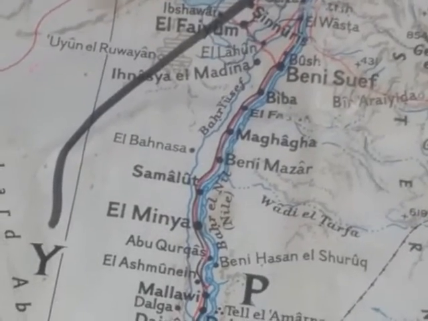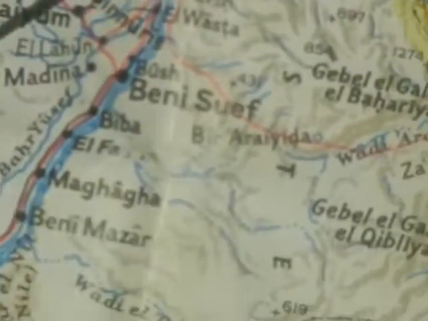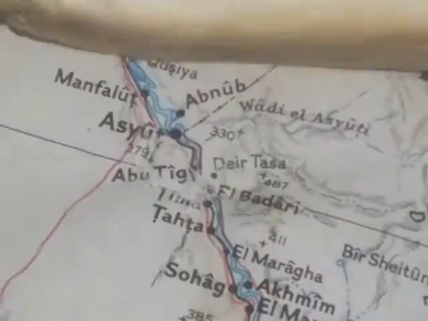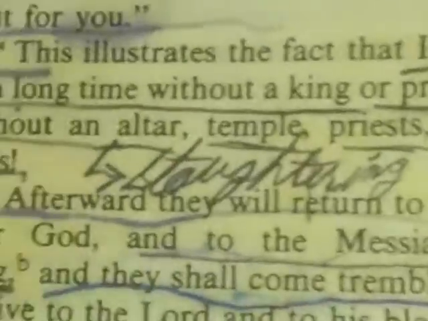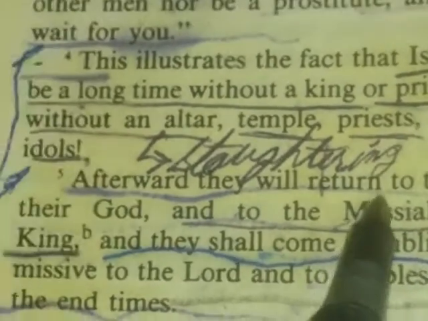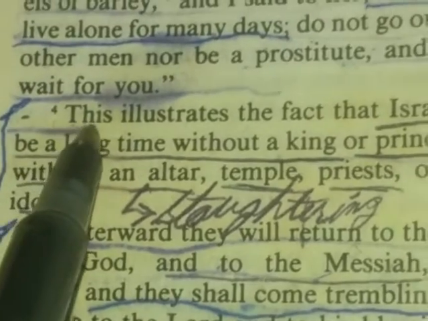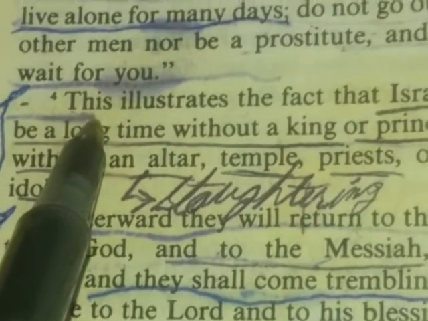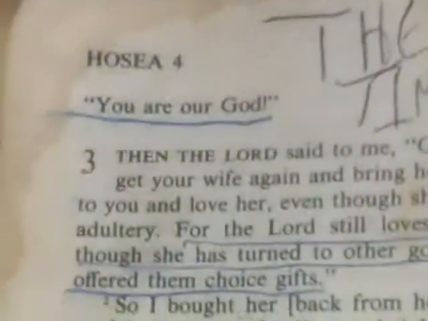Some translators put it like in the Living Bible. I'm going to pull up and add this into it to show you out of the Living Bible how they have it written. So in the Living Bible, Hosea chapter 3:5, they have it like this. It says, after they will return. See right here, let me go read the 4. And the 3:4, I'm going to start out with in the book of Hosea.